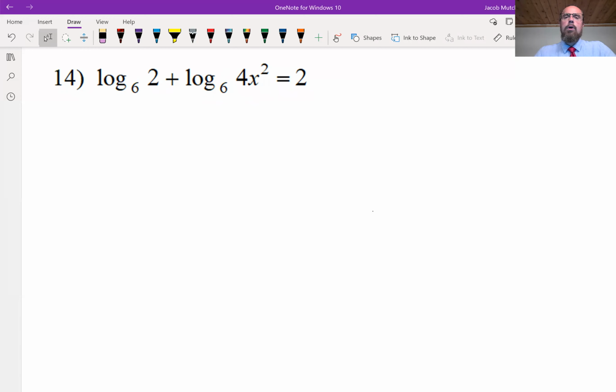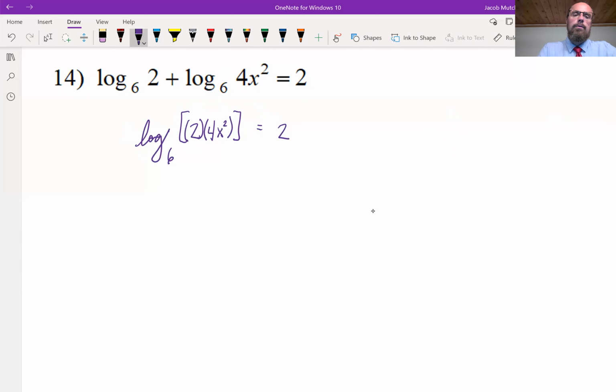Again, I have two logarithms that have the same base on one side that are connected with either addition or subtraction, and I can convert them, in this case, because it's addition, to a product. This is going to become log base 6 of argument 2 times 4x squared. And that's going to equal 2.